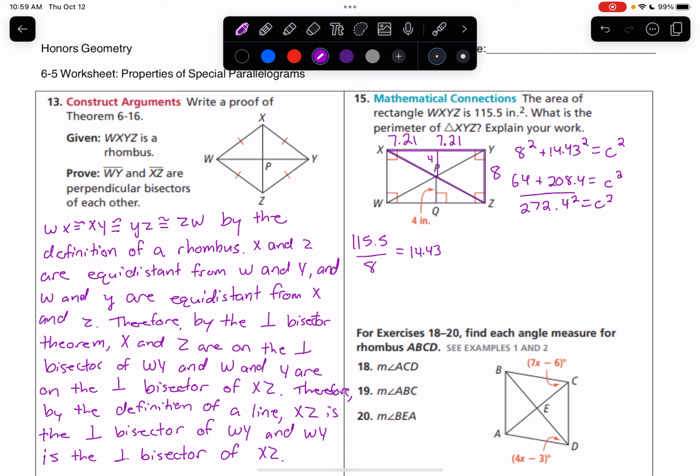I apologize, there's no squared on that. So when I take the square root of both sides, I'm going to get roughly 16.5 equals c. That's my hypotenuse. So in this triangle, I have 8 plus the hypotenuse of 16.5 plus the side length of 14.43 or 44. I've rounded a little bit differently throughout this whole problem. And so that is going to give me 38.93 for the perimeter of that triangle.